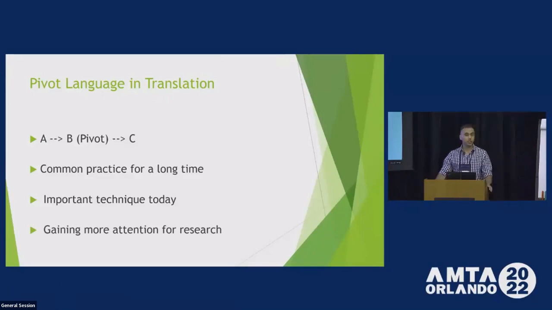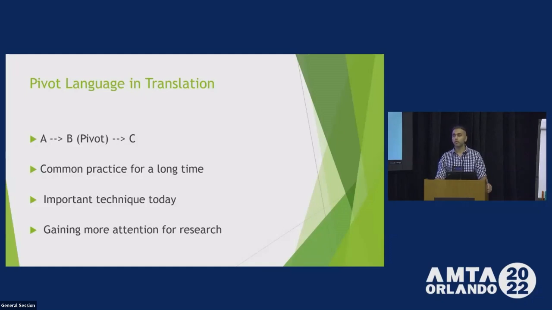As far as research in translation studies goes, the trend of focusing on pivot language started maybe in the 60s, focusing on literary work. And it continued through the 70s, 80s, and 90s of the past century.